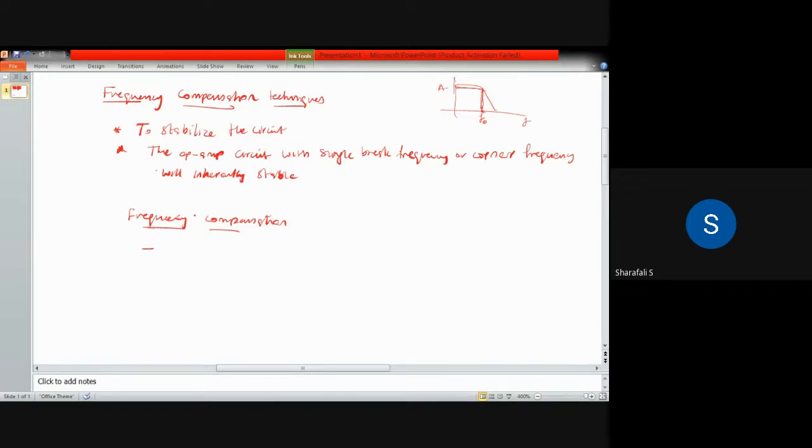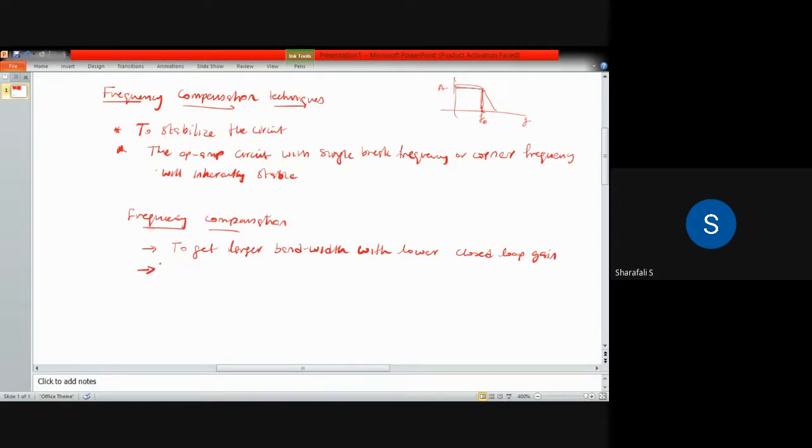We have to get stability, which means that we have to get larger bandwidth, larger bandwidth with lower closed loop gain.